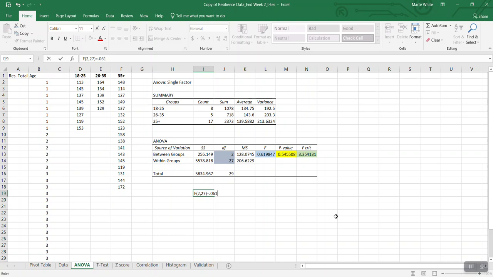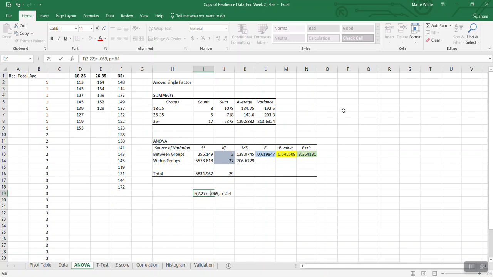I should make it 0.06 because we'll round it a little bit since we're only going to use two numbers, comma, P equals 0.54. And when anybody reads your paper, they will then see that the F number was 0.06 and the P value was 0.54, so there is no statistical significance between the groups.